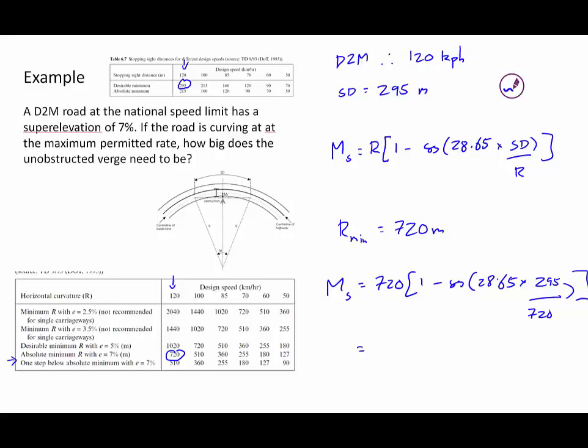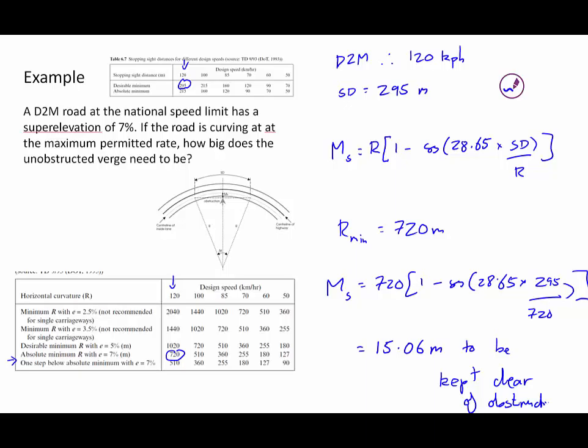Into the calculator. And we get a verge width that is rather large, 15.06 meters, which need to be kept clear of obstructions.